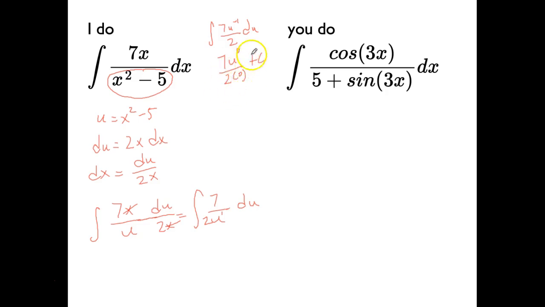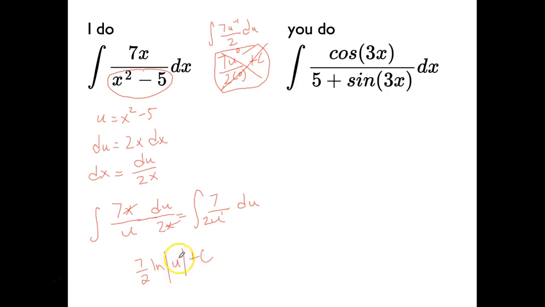I can't divide by 0. That right there tells me it's wrong, and that tells me whenever I have something raised to the 1 on the denominator, the integral of it is going to be natural log of that thing. So my 7 over 2 just comes down, and it's going to be natural log of the absolute value of u plus c.